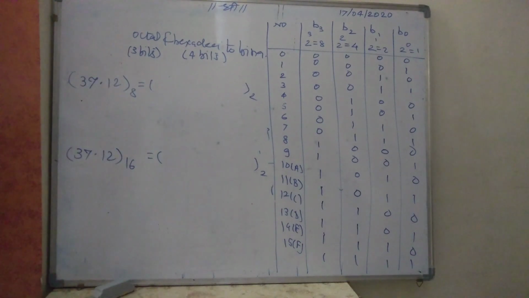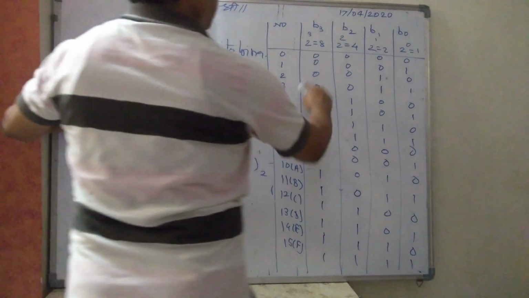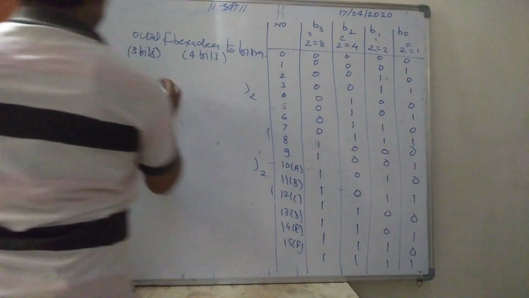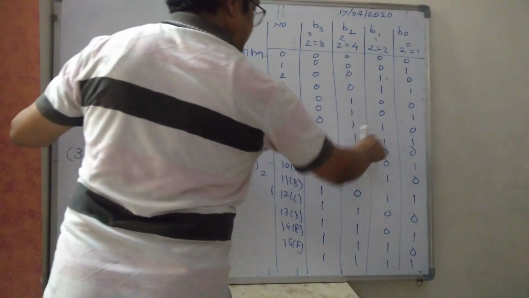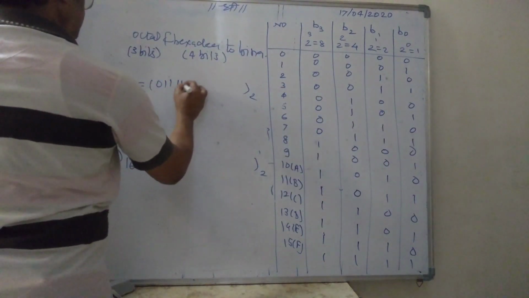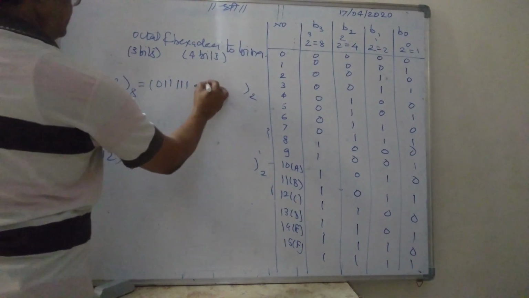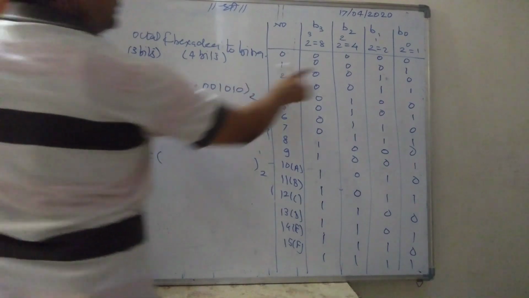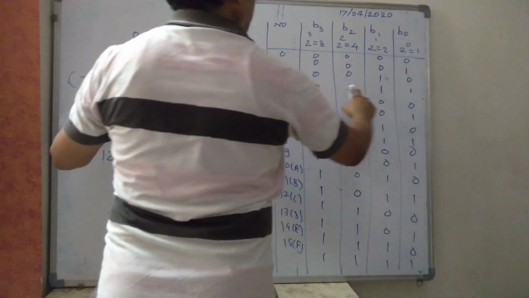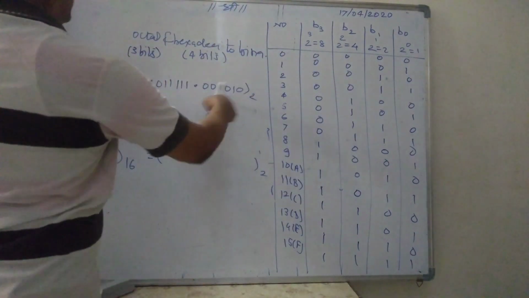Same number. Since this is octal, represent it using 3 bits. 3 is 0 1 1. 7, last 3 bits, 1 1 1. Point. 1 is 0 0 1. 2 is 0 1 0. This is binary representation.